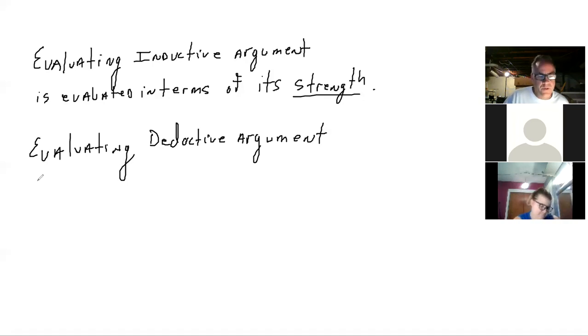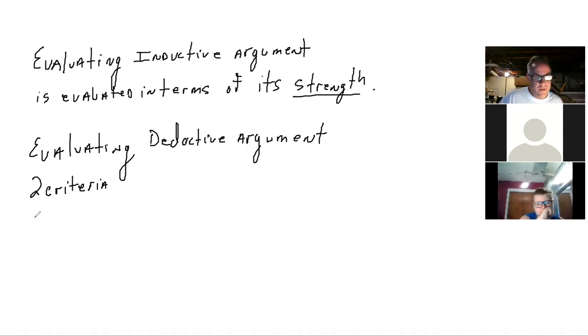So, two criteria for evaluating the deductive argument: validity and then soundness. They come in order, so you first evaluate its validity.